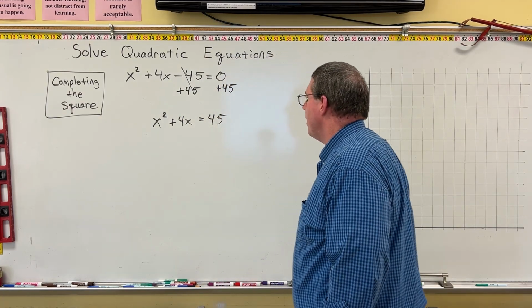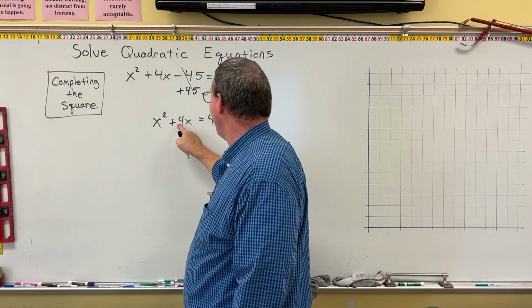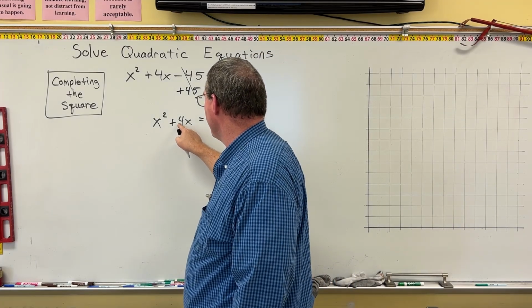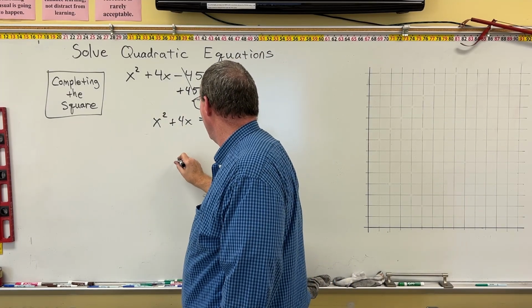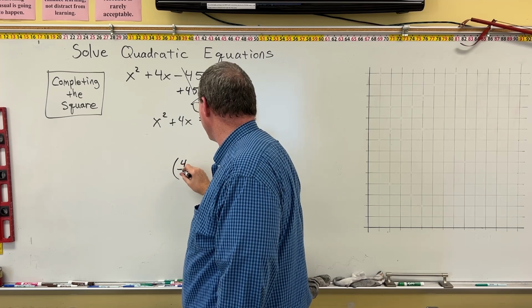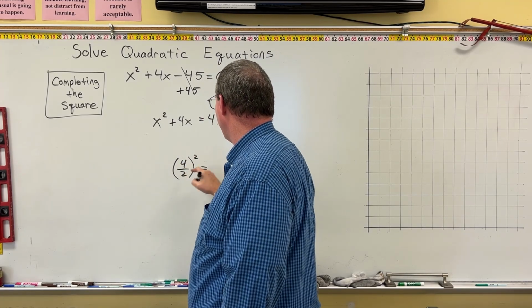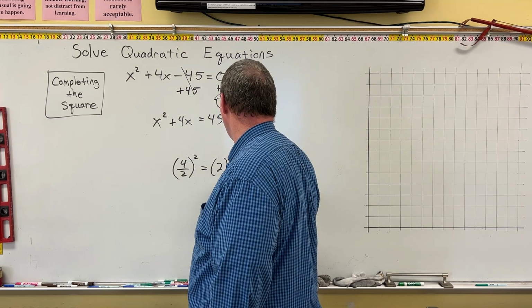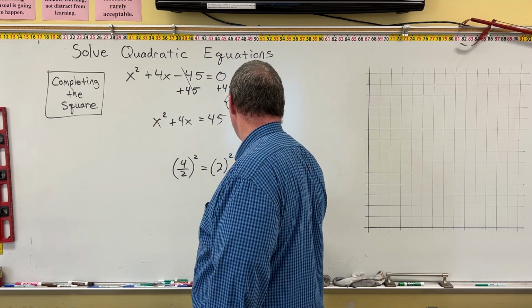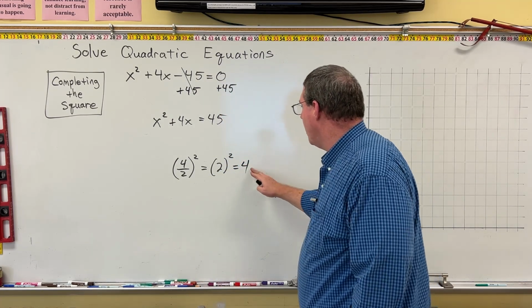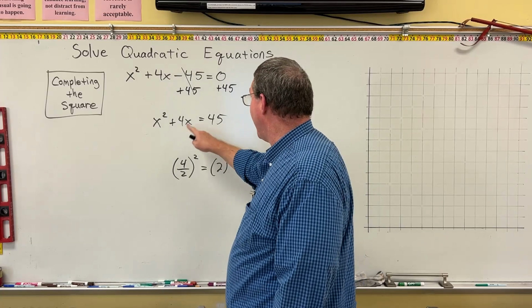The next thing you're going to do is take half of this middle number here. This number that's on the 4x, it's 4. You're going to take half of it, so we're going to divide it by 2 and then square it. So 4 divided by 2 is 2 squared. 2 squared is 4. Whatever this number is, you're going to add it to both sides.